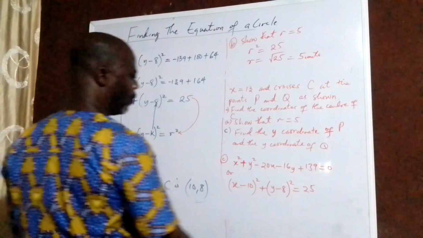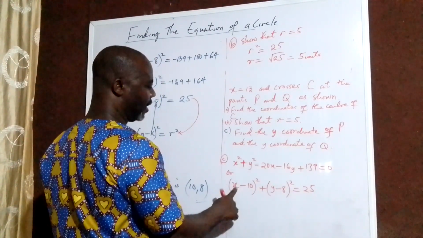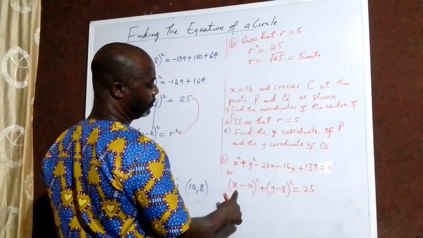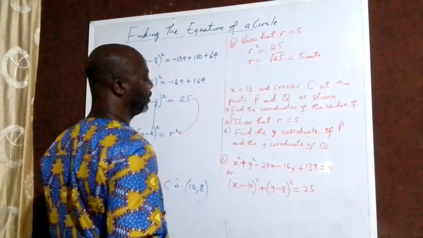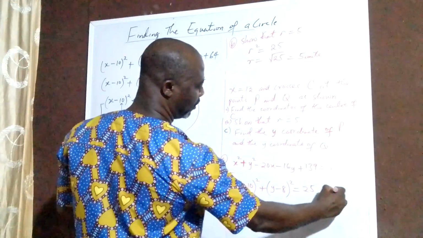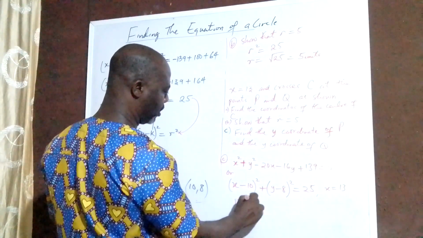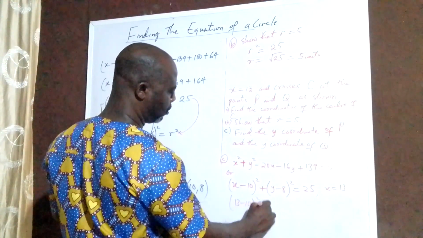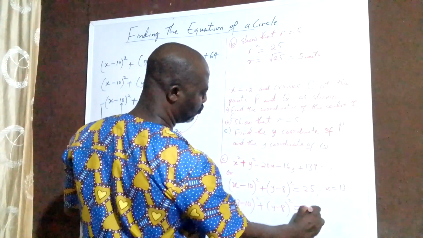So we are looking for y, and the value of x has been given. We're told that x is 13. So if you put 13 there, we have (13 minus 10) squared plus (y minus 8) squared equal to 25.